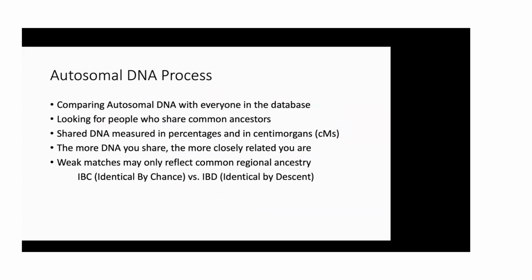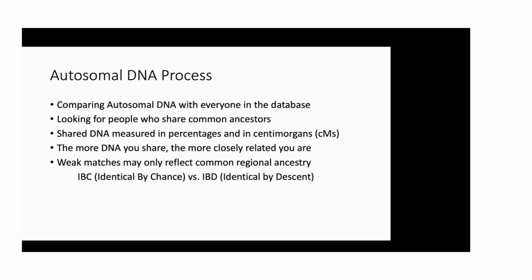When we order a test, our DNA is compared with everyone who has done the same test or will take that test in the future. And we are looking for genetic matches who share common ancestors with us, and they may have additional information about them. This can confirm or expand our family trees.